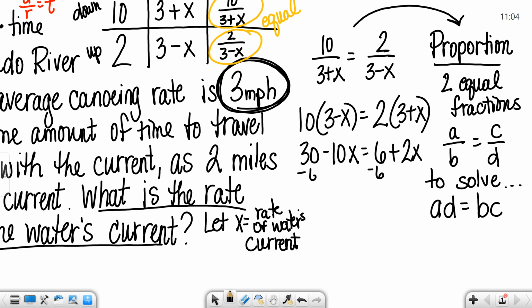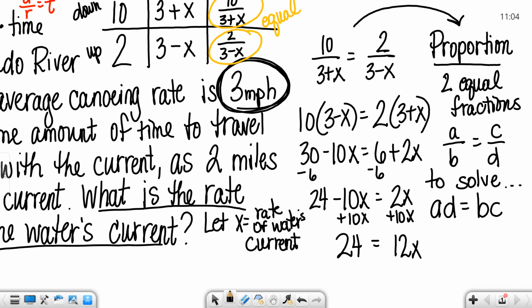All right, so now we just do our algebra here. Solving for x. All right, now remember what we got.